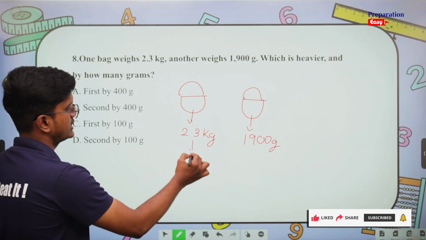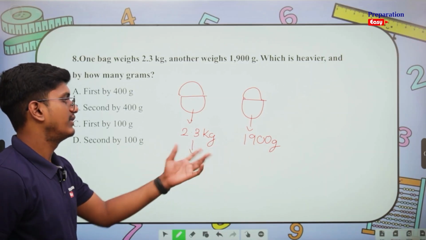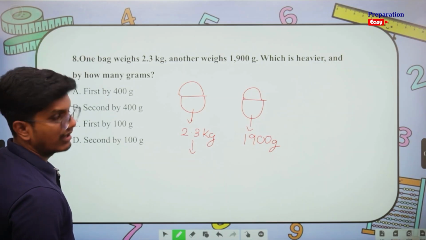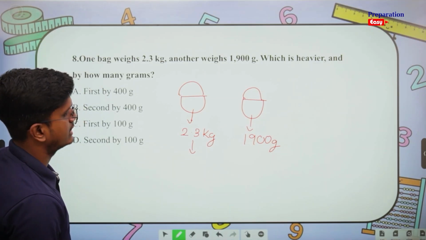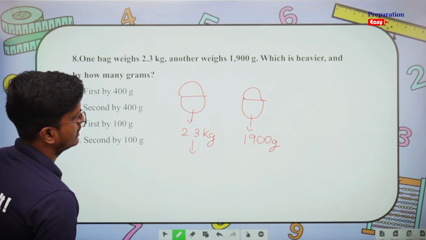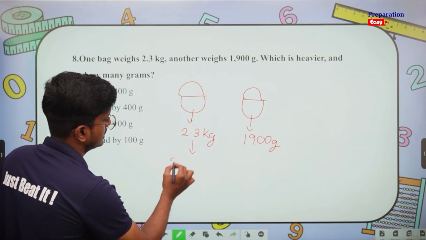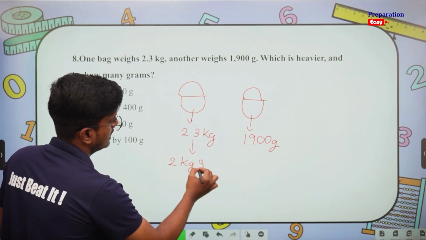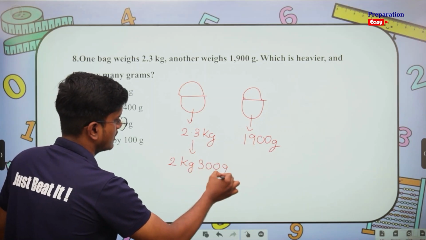Let's convert this kg into grams because it will be easier for comparison, right? We haven't learned about decimals right now. So 2.3 kg, let's convert it. 2.3 kgs means it's like 2 kgs and 300 grams.